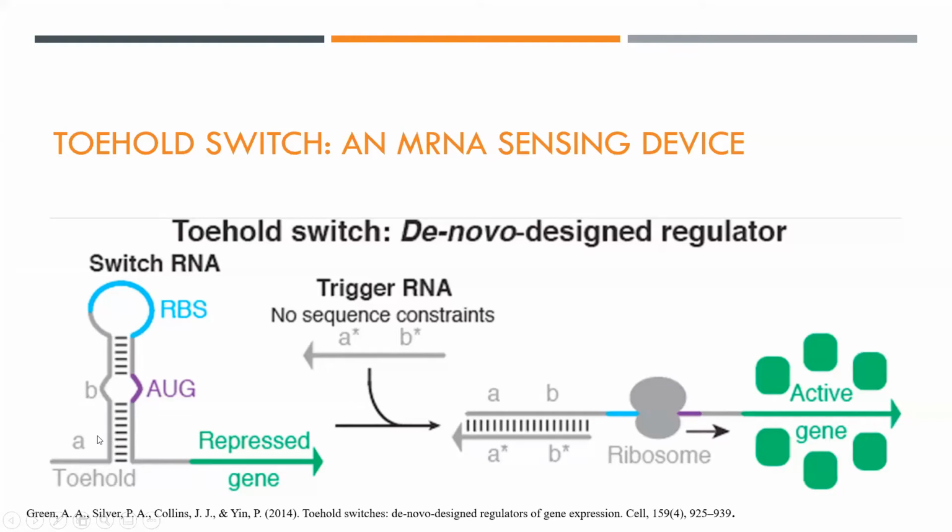But to the left of them, we have the toehold domain, designated here as A and B. A and B are complementary to trigger RNAs. If the toehold switch finds the trigger RNAs, they bind to it and expose the ribosomal binding site and the start codon, and hence activate the translation of the downstream gene.